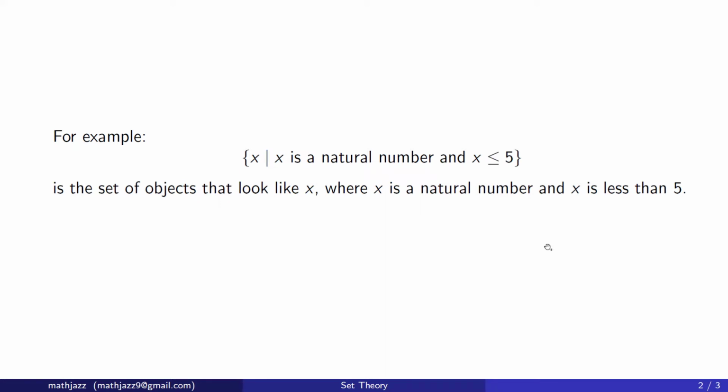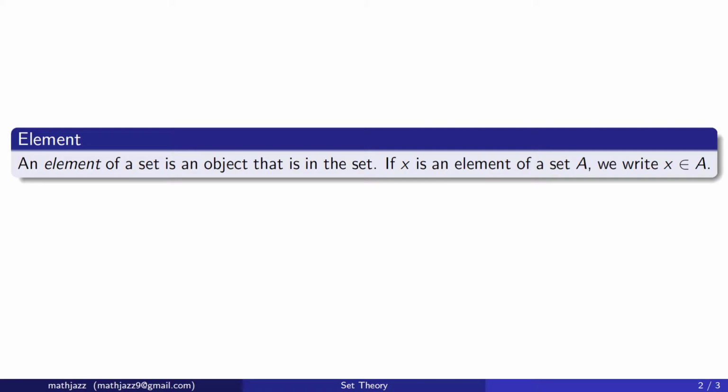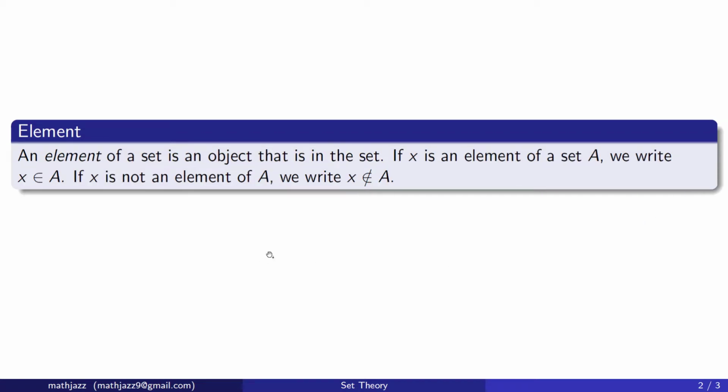Some other definitions we need. We need to define what an element is. An element of a set is an object that is in the set. If an element x is in the set, we write x, then the symbol that looks kind of like an E, and then the name of the set, in this case A. So x is an element of the set A is written x in A, where this E symbol means in, or is an element of.